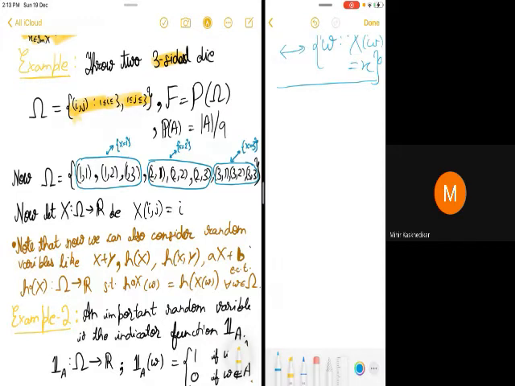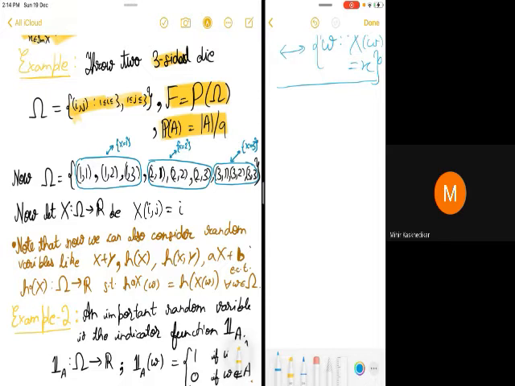This just shows our outcome of the two dice. Now we take F to be the power set of omega, and then the probability of an event A will be the cardinality of the subset A divided by 9.